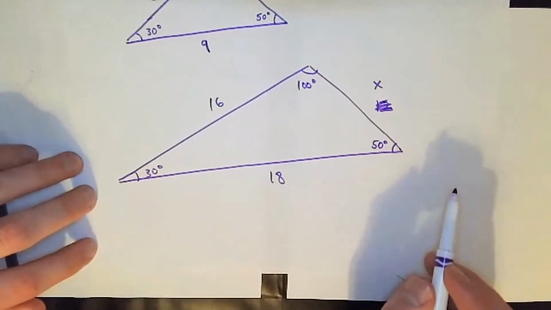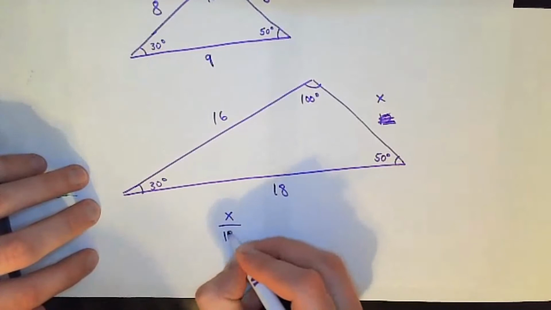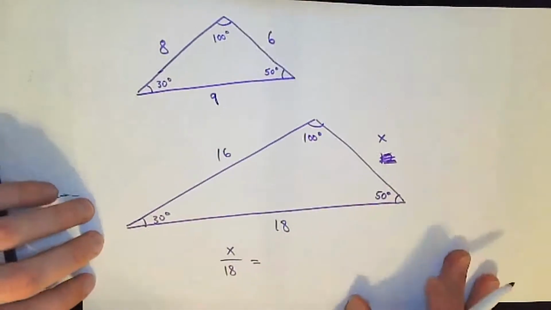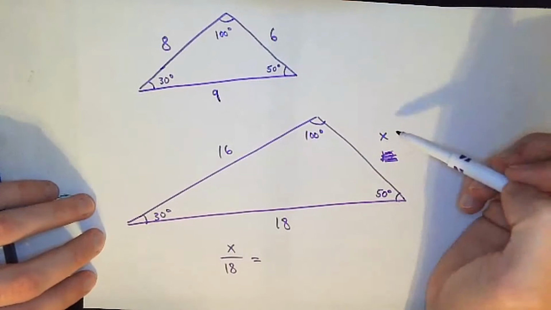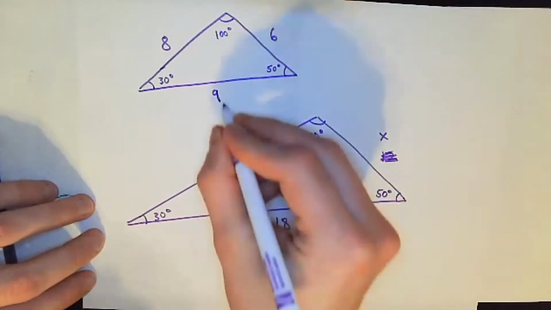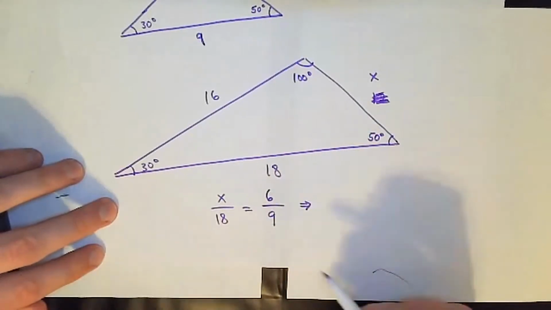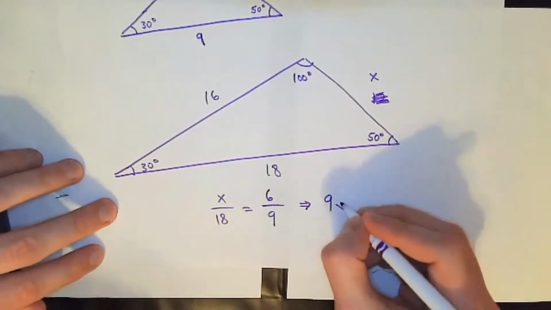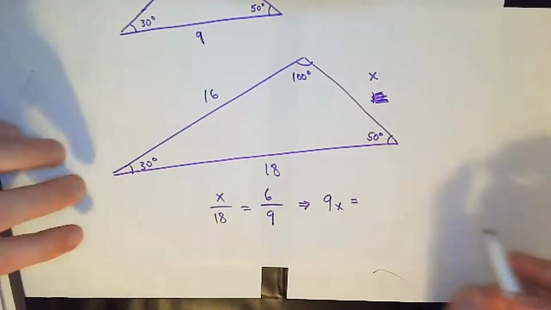You say, well, X over 18 should be equal to the corresponding sides over here. What side corresponds to X? 6. What side corresponds to 18? 9. So then I could solve this proportion by cross multiplying: 9x equals 18 times 6.